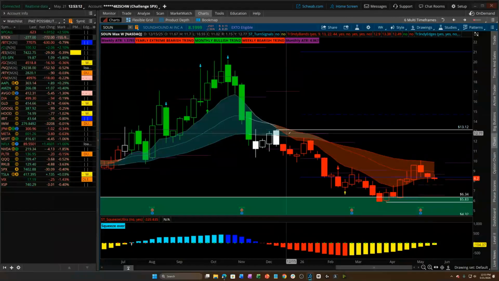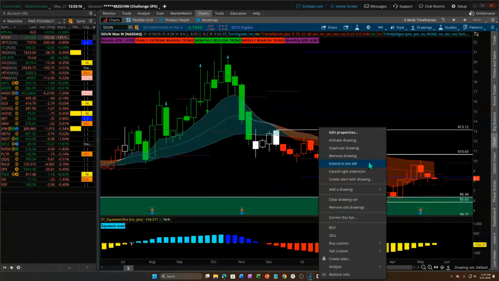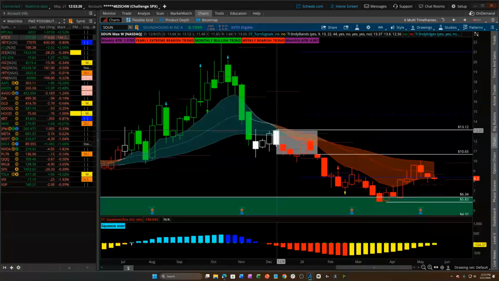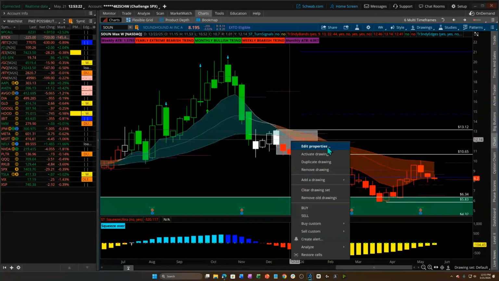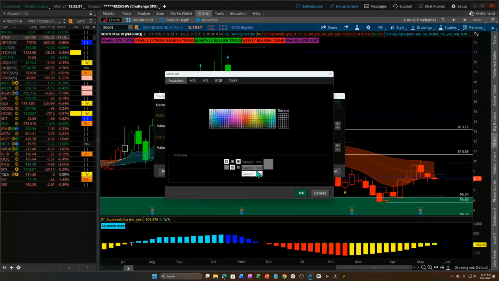I'll use this top to give you a target to the upside here on the weekly. And then above here is going to be near the highs at the end of last year.